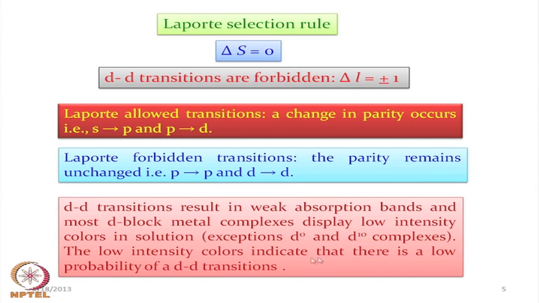The low intensity colors indicate a low probability of a d-d transition. That means the probability of transition is very low, and we therefore get a very low value of epsilon max, and the transition moment integral is also very small.